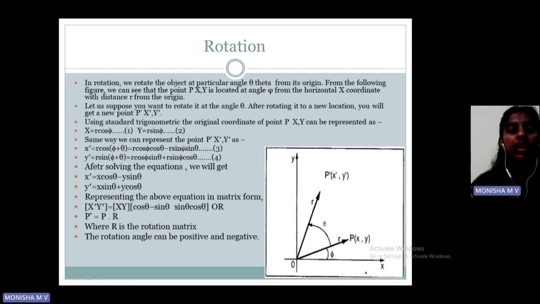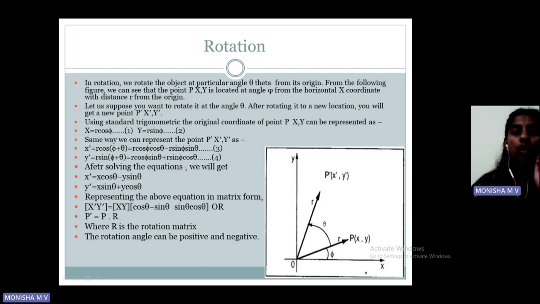This resolves to x dash equals r cos phi cos theta minus r sin phi sin theta, and y dash equals r cos phi sin theta plus r sin phi cos theta.